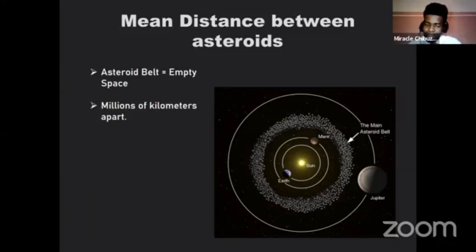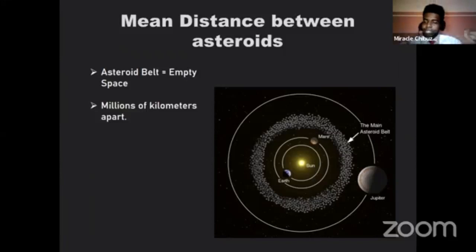But in reality, they are widespread. Space is very big, so the distance between one asteroid and another asteroid is over millions of kilometers. If you are standing on top of one asteroid, you may not even be able to see the other asteroid.